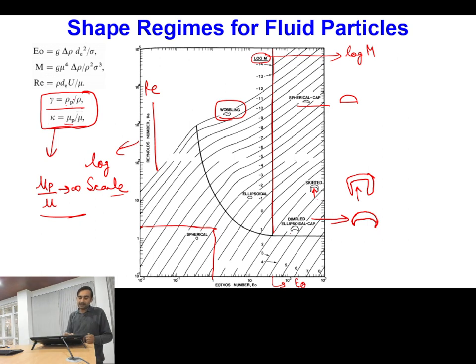Similarly, if your particle is a solid, you will find that rho p by rho will also be very, very large, so then also this curve is not applicable. It means that when we have extreme values of these two parameters, this particular curve is not valid. It is valid only for moderate values of rho p by rho and mu p by mu. Okay.